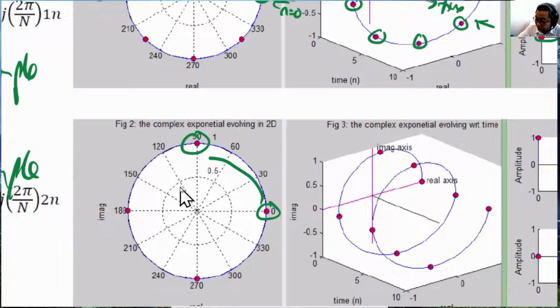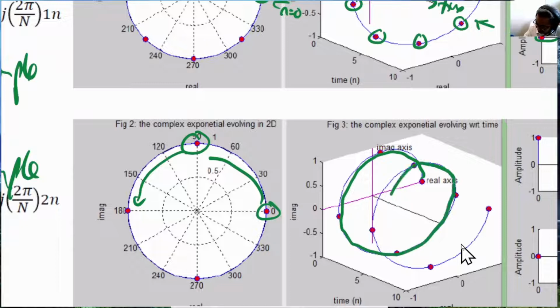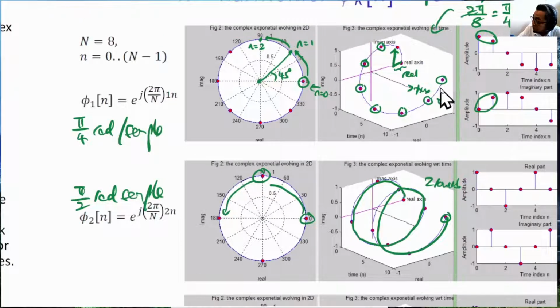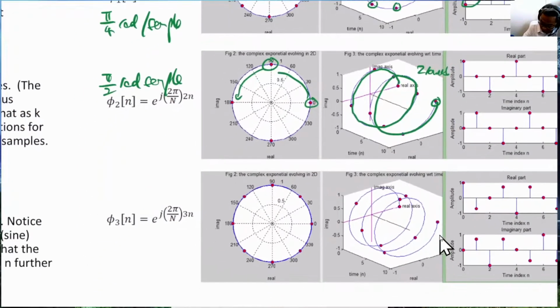So if I do it this way, what will you see? You will see that in the 8th sample, my complex exponential has moved along time, and I completed 2 rounds. So previously, in 8 samples, I took 1 round. Here, for this example, I took 2 rounds. Then of course, I can even make it spin faster.